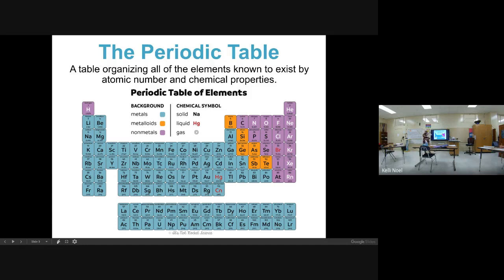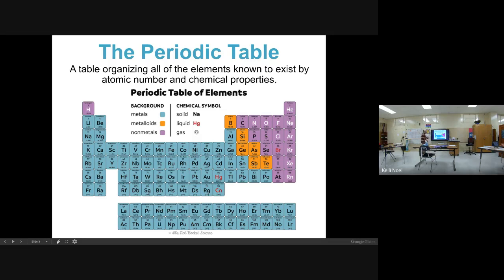If your printed copy has a 3-letter code or symbol, they haven't named it yet, and that's the placeholder until they come up with a name. A lot of these past 108 are typically man-made, so they're going to be very unstable because they're not naturally occurring.